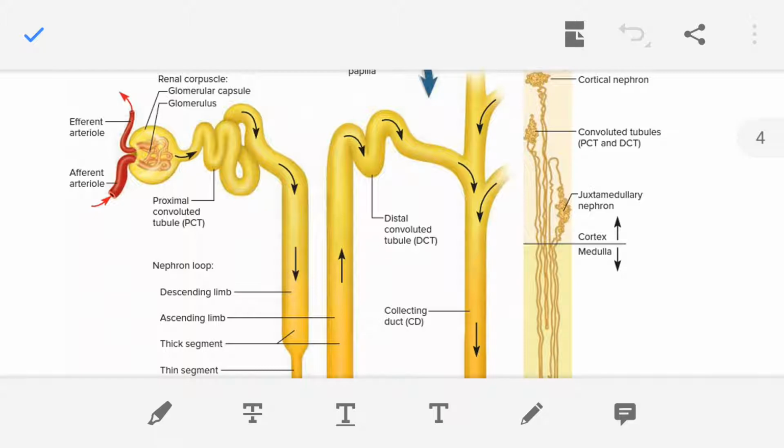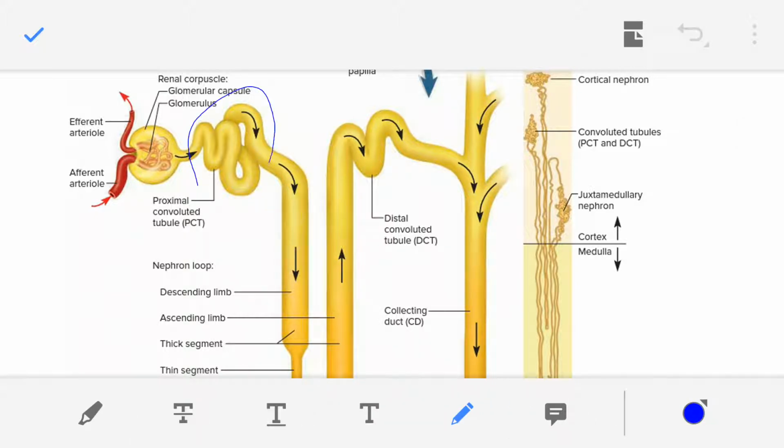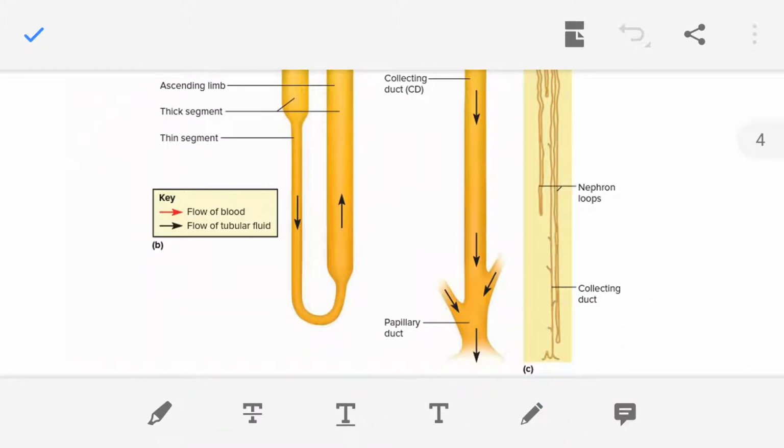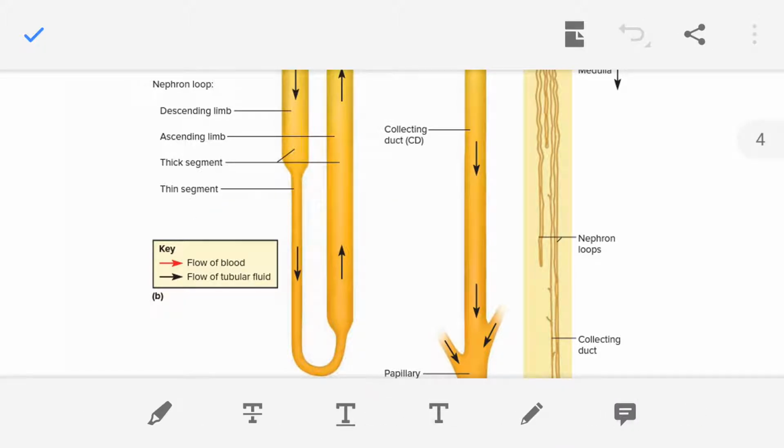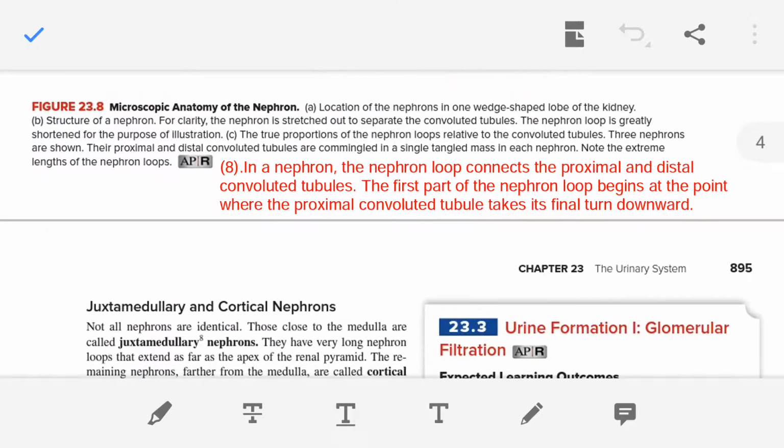For example, over here, this is PCT, this one is DCT, and in between PCT and DCT, we can see that this one is the nephron loop or the loop of Henle.